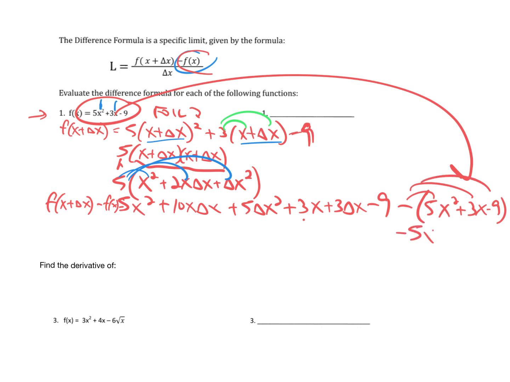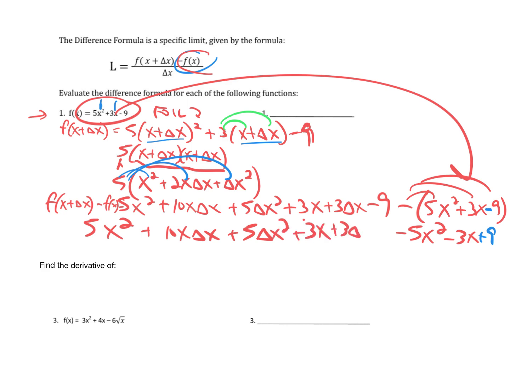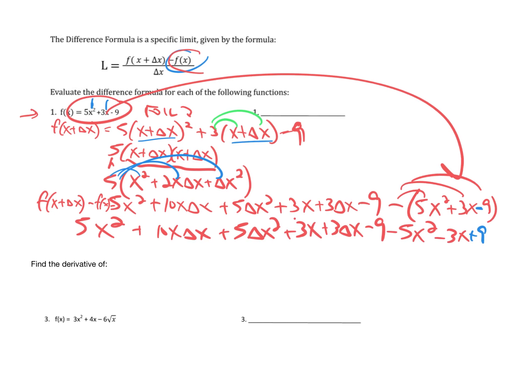So I'm going to have negative 5x squared minus 3x, and then make sure here this negative 9 goes to positive 9. So here's what I have, and I'm going to write it all out carefully. 5x squared plus 10x delta x plus 5 delta x squared plus 3x plus 3 delta x minus 9.